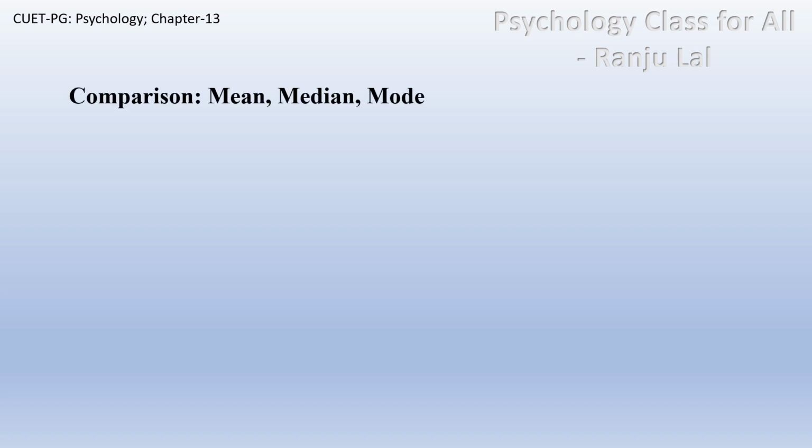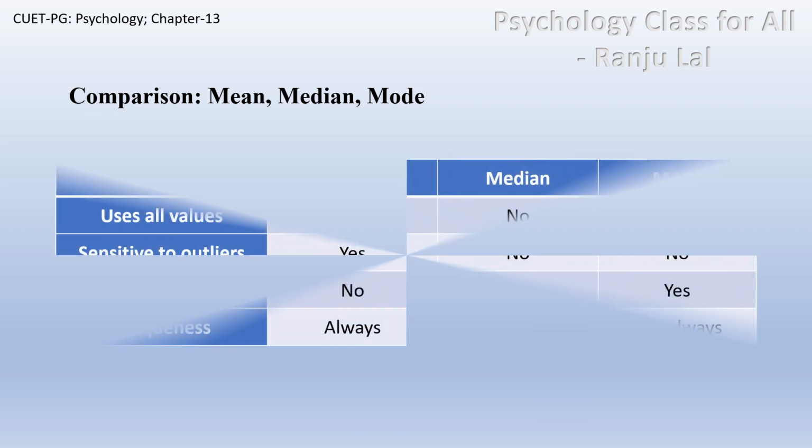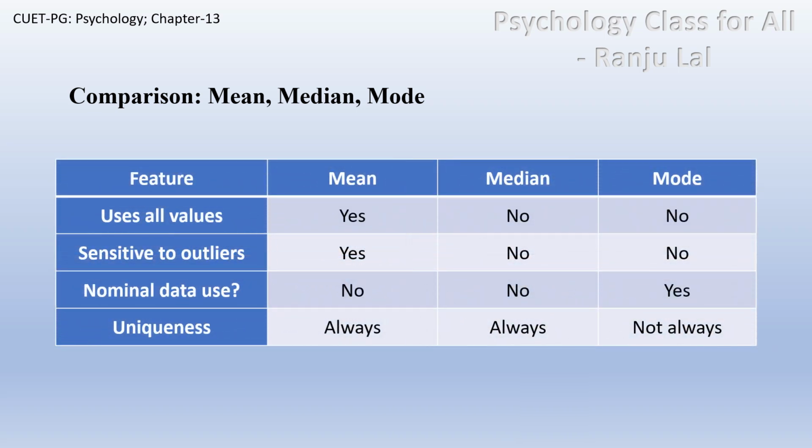Now about the comparison between mean, median and mode. We'll take a table to understand this. The first column lists the features of mean, median and mode, and there is a comparison of which one uses all values. Mean uses all values, neither median nor mode.